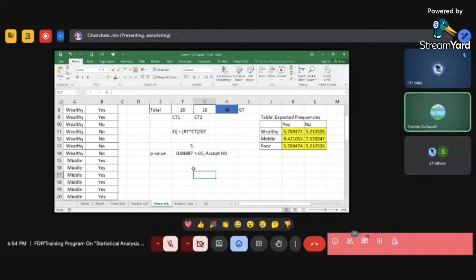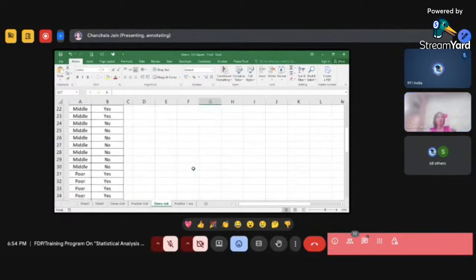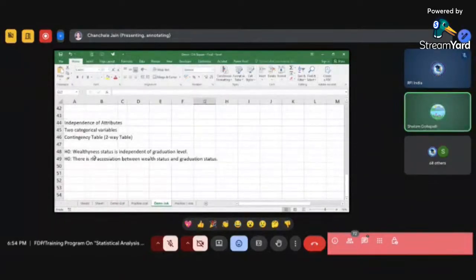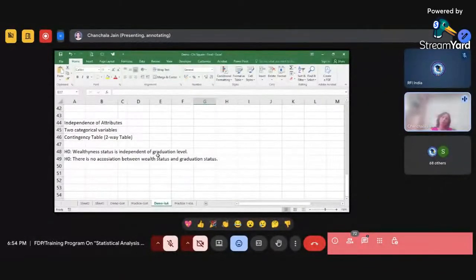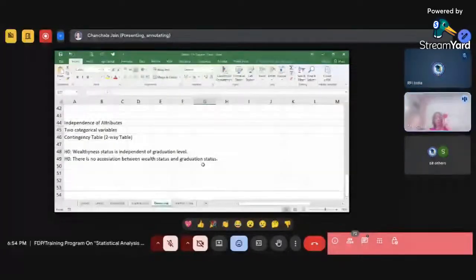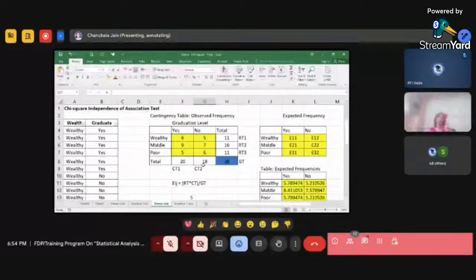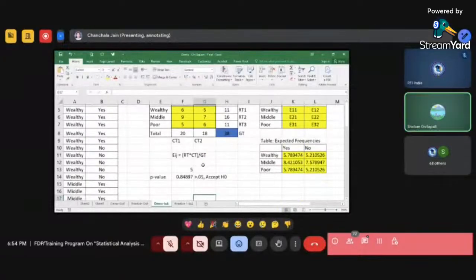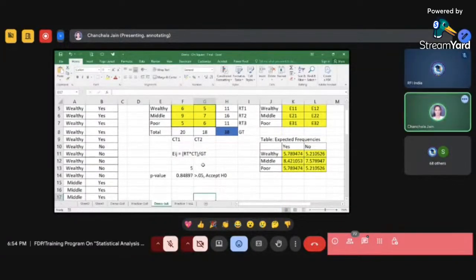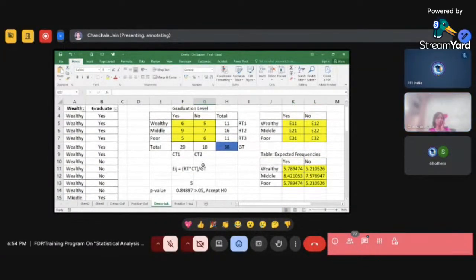The null hypothesis is valid: wealth status is independent of graduation level, or you can say there is no association between wealth status and graduation status. Means graduation status is not playing any role in deciding your wealth status. This is the meaning of this particular data. Is it okay? So I hope it is clear. No doubt in this?